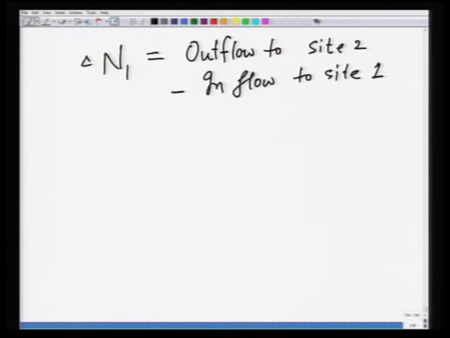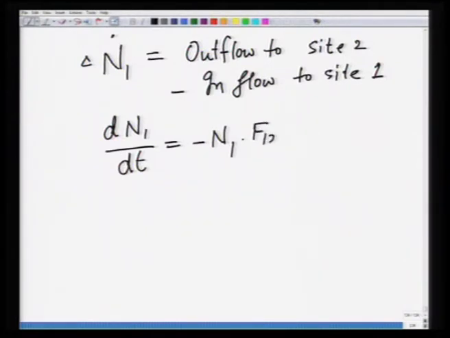So this can be written as delta n dot, because we are taking the rate of change here. So we can write dn1 by dt as equal to, now the outflow from site 1 would be minus n1, because this is something which is going down. So minus n1, the dipole density on site 1, multiplied by the jump probability, that is F12, and the inflow, this is something which is adding.